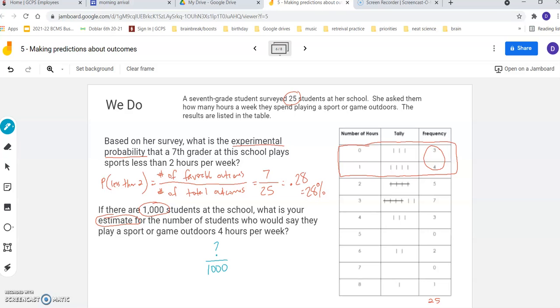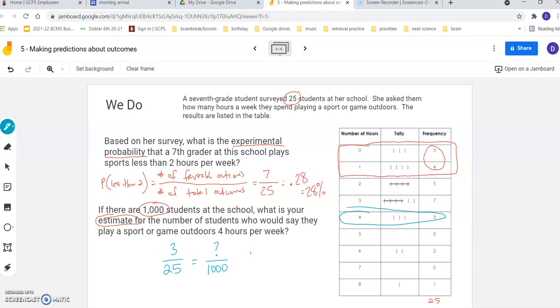Don't know. But I do know how many played 4 hours a week out of these 25 students. That's a good start. The frequency of someone playing 4 hours was 3. So 3 out of every 25 students played for 4 hours a week. So how many would we expect out of 1,000?